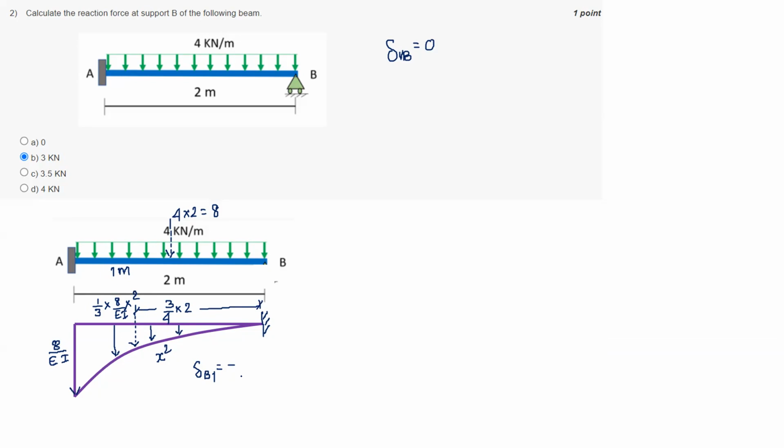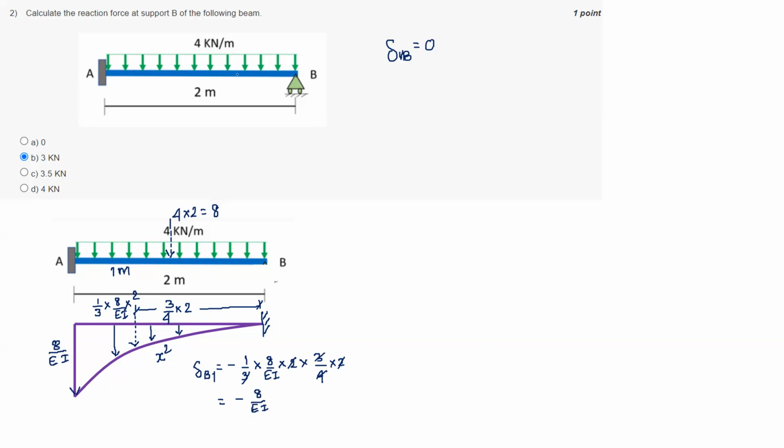Then delta B1 is 1 by 3 into 8 upon EI into 2 into 3 by 4 into 2. Now the 2 twos cancel with the 4, the 3 gets cancelled, and we have delta B1 equal to minus 8 upon EI.